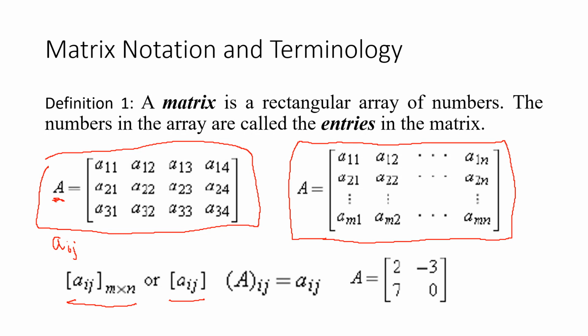The entry in row i and column j of the matrix A is also commonly denoted by this symbol. Therefore, for this matrix, we can denote it with this symbol.